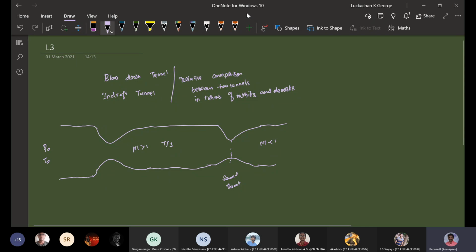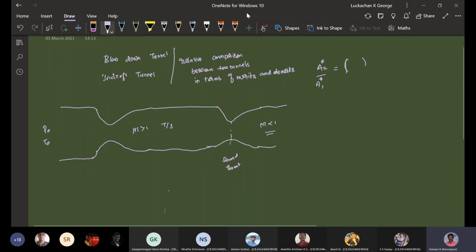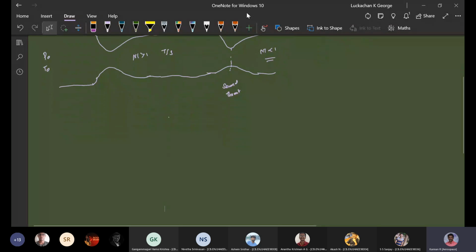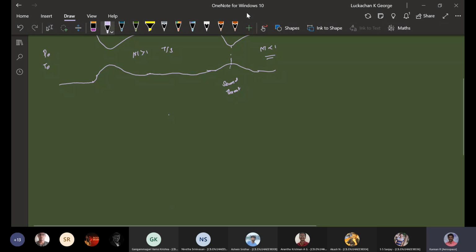Here the ratio between A2 star and A1 star is going to dictate these Mach numbers, whatever your Mach number is here. Now you need to know certain basics for this.